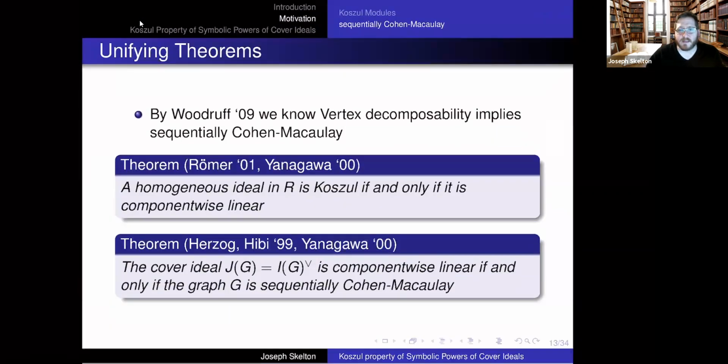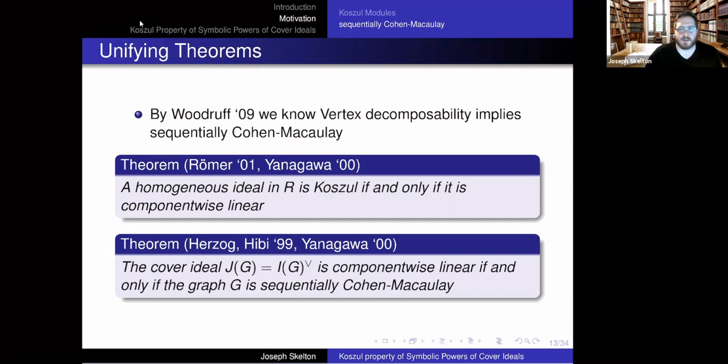And now the unifying theorems, how it all comes together. In 2009, Woodruff showed that vertex decomposability implies sequentially Cohen-Macaulay. Romer and Yanagawa showed that a homogeneous ideal is Koszul if and only if it's component-wise linear. That's the polynomial ring citation for the earlier statement.